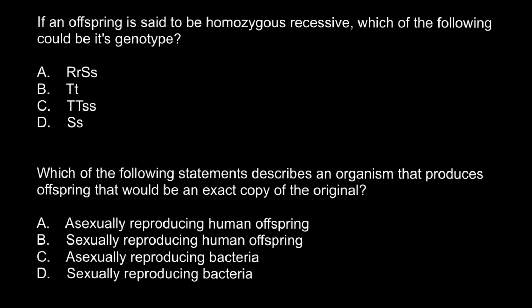Answer B, we see 1 gene, gene T, and one allele is dominant, the other recessive, so this is also a heterozygous variant. And answer C, we see that one gene is homozygous dominant, and another one is in homozygous recessive state. And answer D, we see once again gene S, represented with 2 copies.